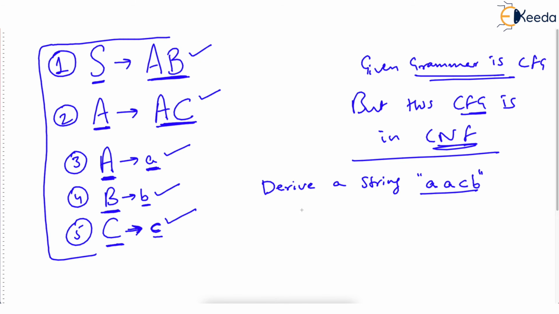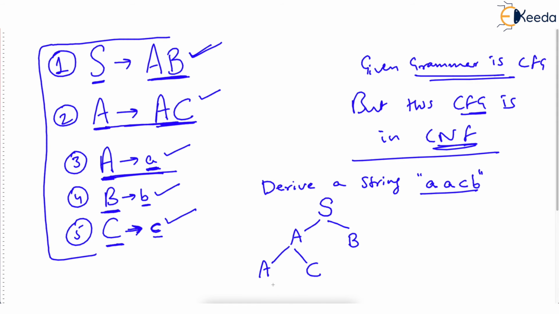Now, if you try to derive this string using a parse tree, then you start your derivation from S, the start symbol, and S can derive AB. We have used the first production. Now, what can A derive? A can either give us single a, or A can give us AC. We will use A derives AC.